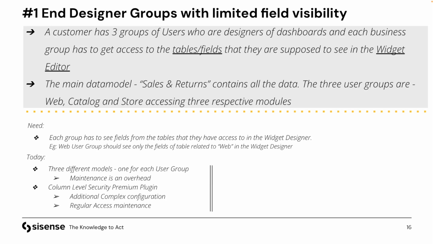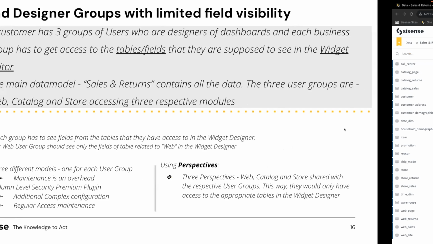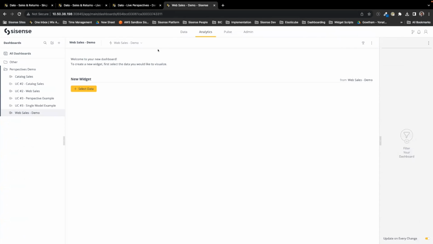So the best answer to this use case is to use perspectives. It's very simple, right? The one that we just saw: create 3 perspectives, web, catalog, store, shared with the respective user groups, so that now as a designer, I will just be able to see my data. For example, this is my dashboard, right?